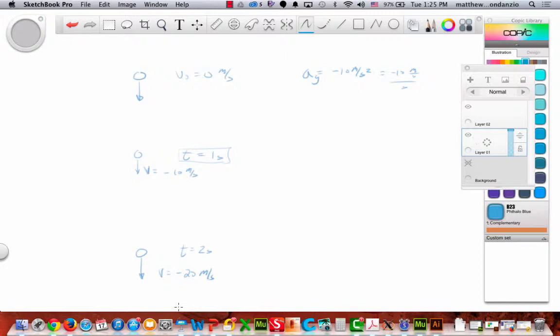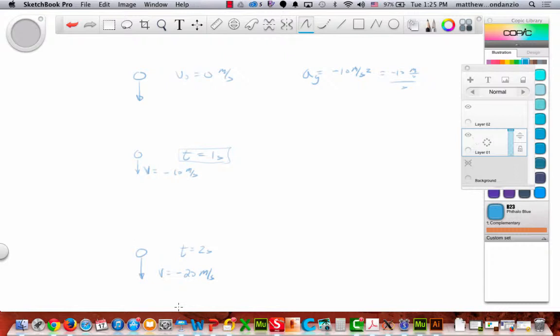Now, what if it's going horizontal? We'll deal with that in a minute. But when you say horizontally, remember, what did we learn last week about throwing the ball off the ledge? What do we know about the horizontal and vertical motion? We learned one critical thing.